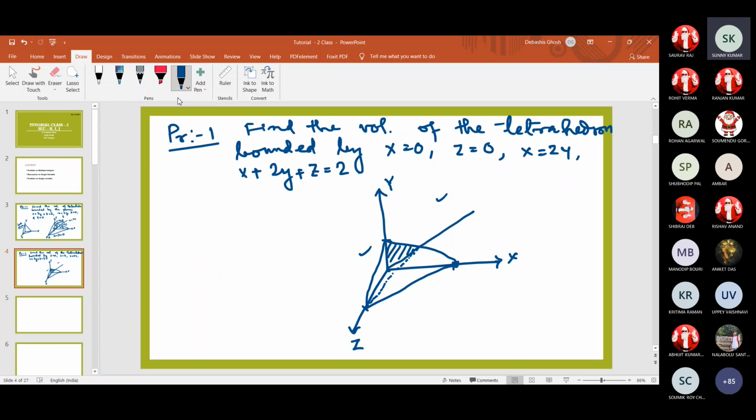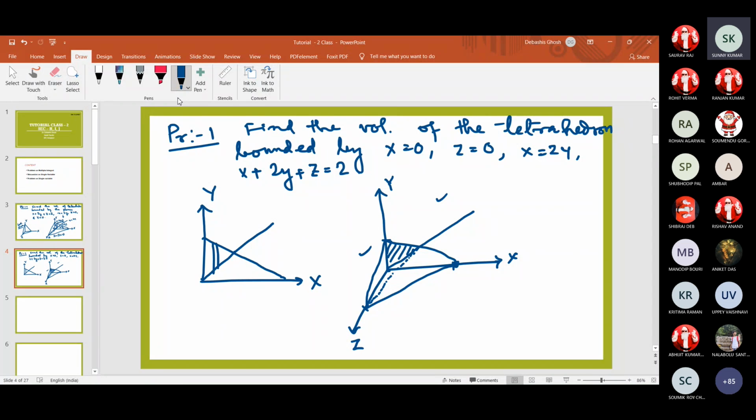So if you draw the basement for your xy plane, we have this one and this one, something like that.